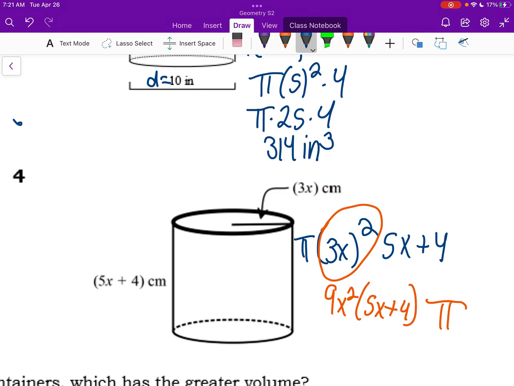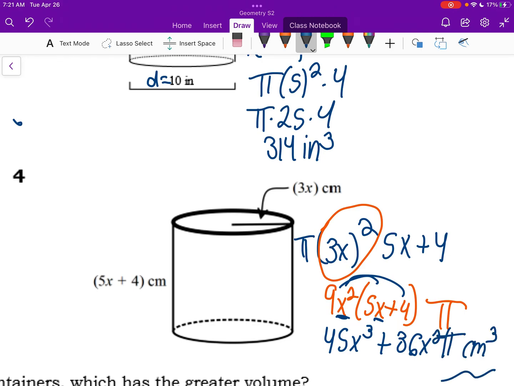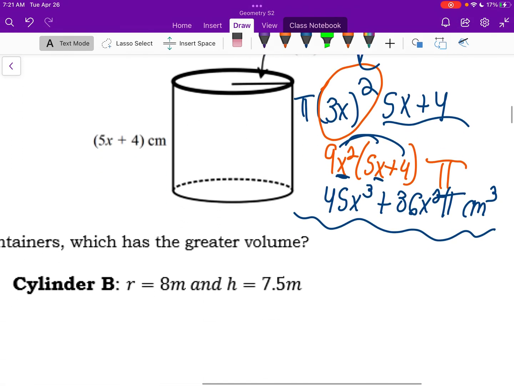This is really helpful for you for your future math classes. So 45x cubed, because there are 3 x's, plus 9 times 4 is 36x squared pi centimeters cubed. And there we go. So we squared the radius, then we times it by the height, and then put it in terms of pi and x.